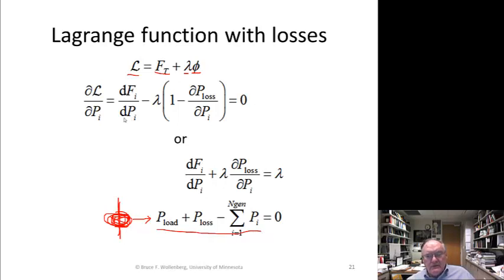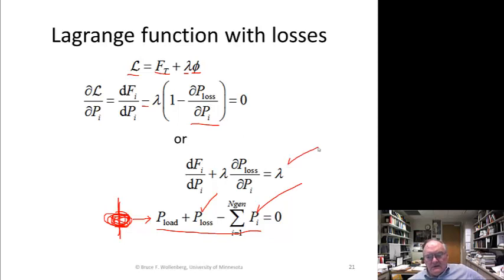So when I take the derivative with respect to Pi, I get a derivative of this. I get a 1 or a minus 1 really, and then here I get what's called the incremental loss, dP loss dPi. Now, because I put this minus sign here, I like to put the minus sign out in front, so I have minus lambda times 1 minus the incremental loss, and that just makes things come out in the right order.